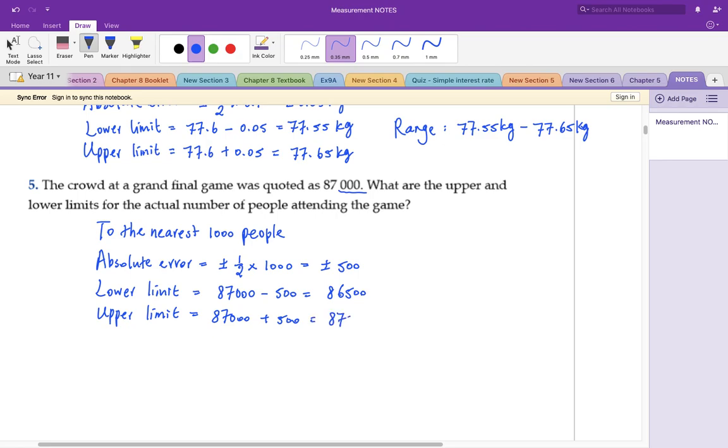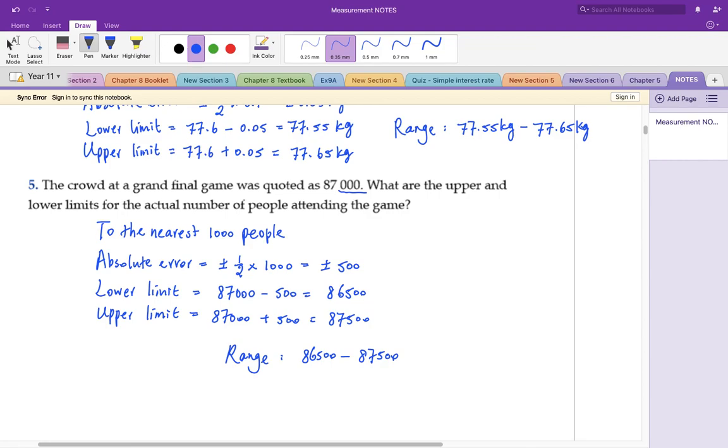So if, say, a news report says this venue contains 87,000 people, then in reality it's going to be between 86,500 and 87,500. This is how many people this venue can actually contain.